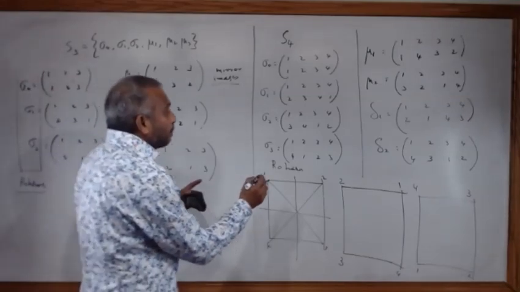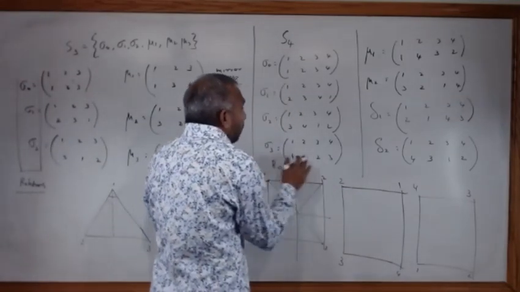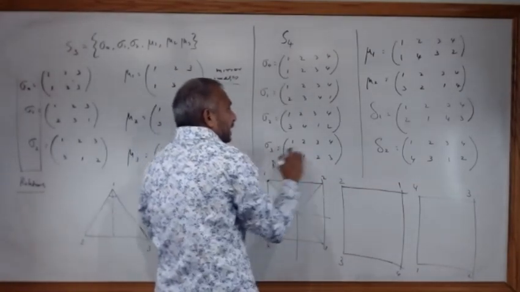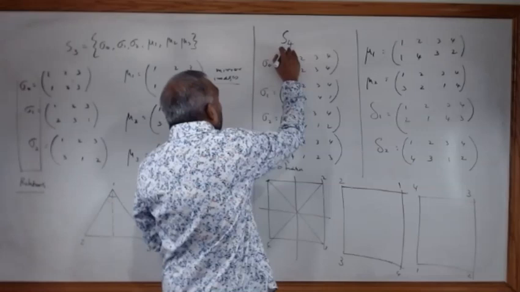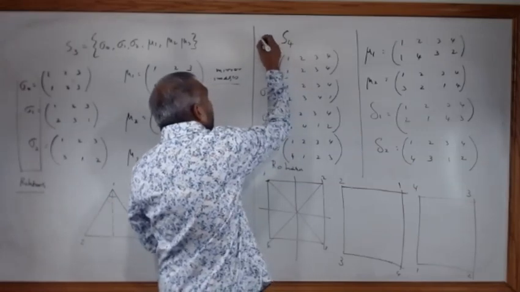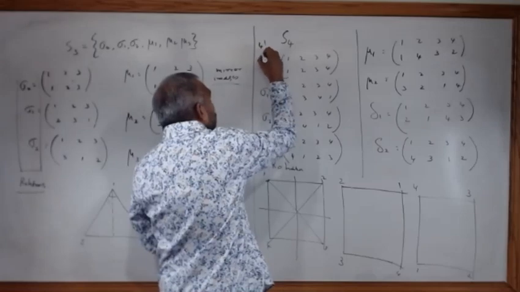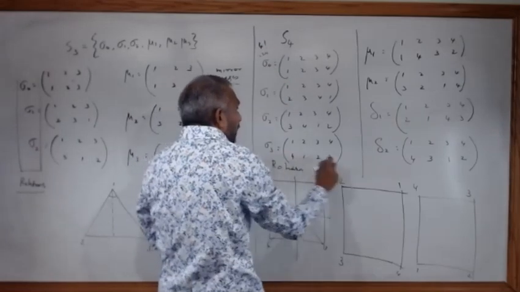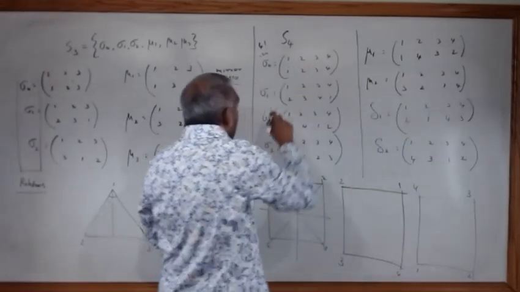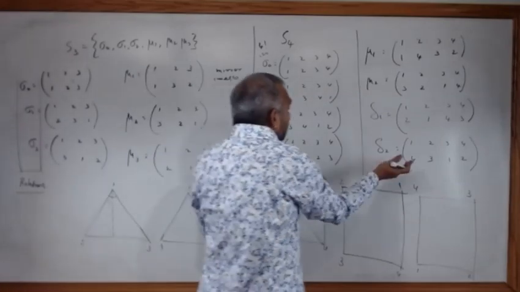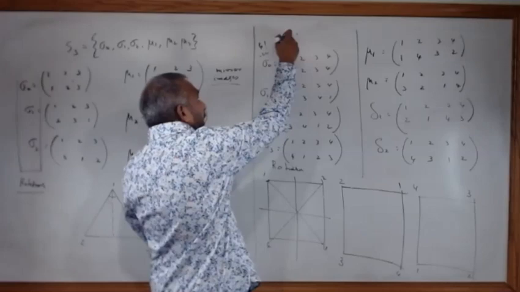This is actually a subgroup. There are more permutations in S4 than these 8. S4 definitely contains 24 elements, that is 4 factorial elements. What we are showing here is only 8 elements. So this is actually a subgroup of S4.